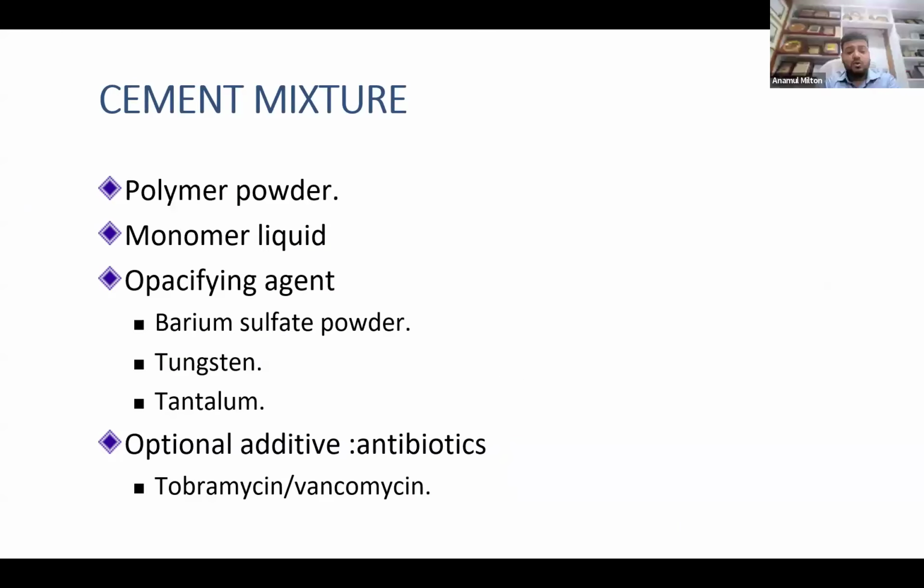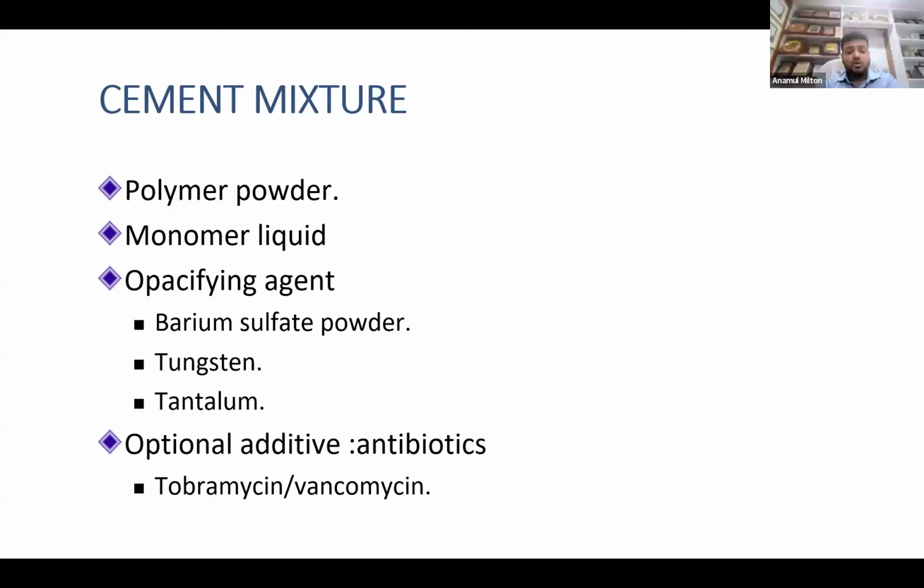So how do we mix this powder and the other things? This is the polymer powder, and there is the monomer liquid, and sometimes we can add a radio-opaque agent, or sometimes it is already added in the powder.